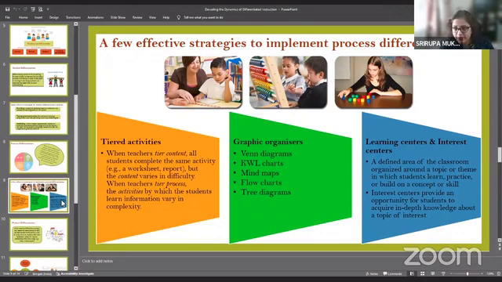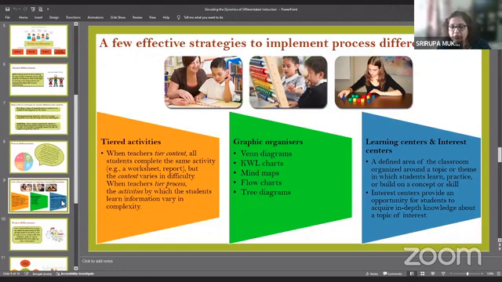Maybe I have given each and every member of the class a worksheet, but the worksheets that I have given them could be of varying difficulties. However, when I'm tiering process, actually the activities themselves are different. So that is the basic difference between tiering content and tiering process.